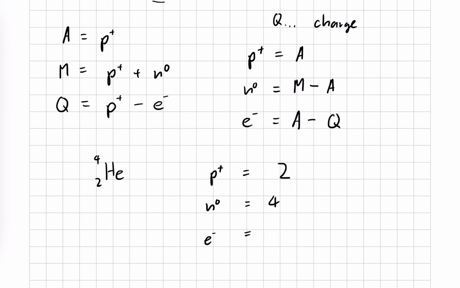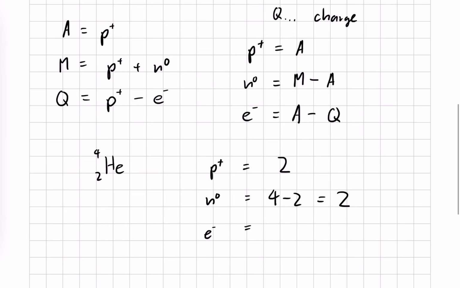So we do 4 minus 2, and that is equal to 2. And now the number of electrons is the atomic number minus the charge. And here this is not written, but the charge would be 0. So that means the number of electrons is 2 minus 0. You can also remember that if there's no charge, the protons and electrons have to be the same. Perfect. Let's do one more example.